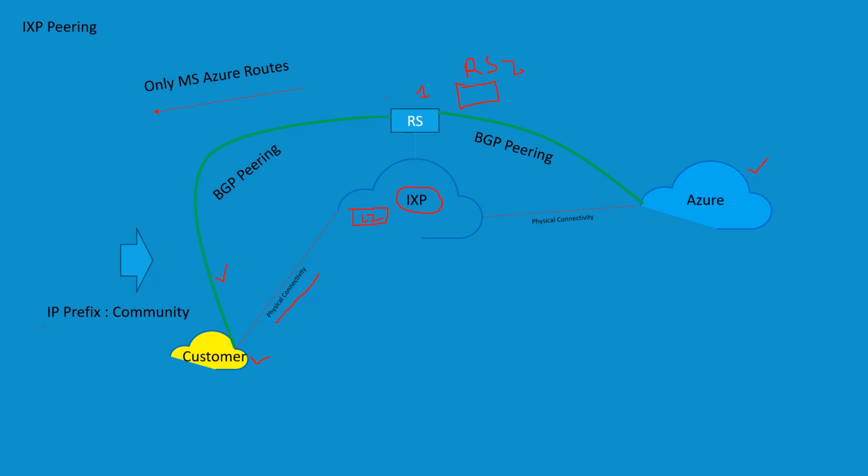And then you are going to advertise your IP prefix with a special community value. That's how when this community value reaches Microsoft, it understands that this is coming from your peered connection. And once this peering is established, you are going to learn Microsoft Azure routes. This is going to be the whole setup.